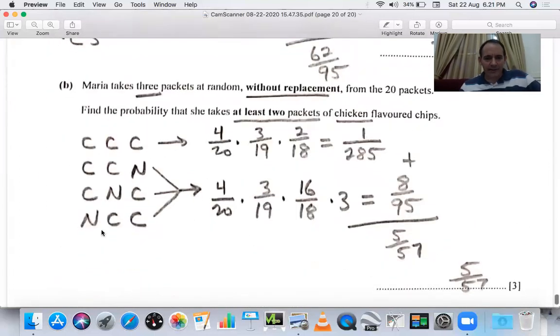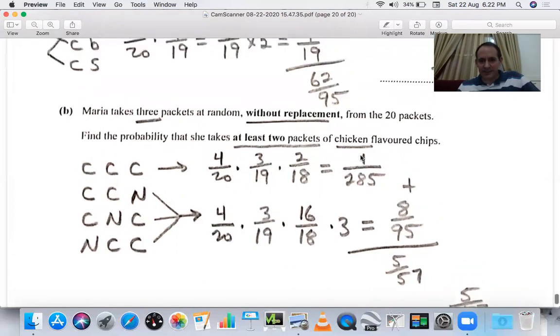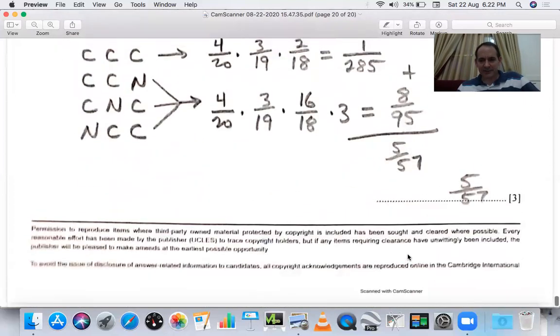Your 20, 19, and 18 will be the bottom numbers no matter which way you do this. You're going to have a 4, 3, and 16 on top, and a 20, 19, and 18 on the bottom. They might be in different orders, but it will be the same combination. Times 3 gives you 8/95, plus the 1/285 gives you 5/57.